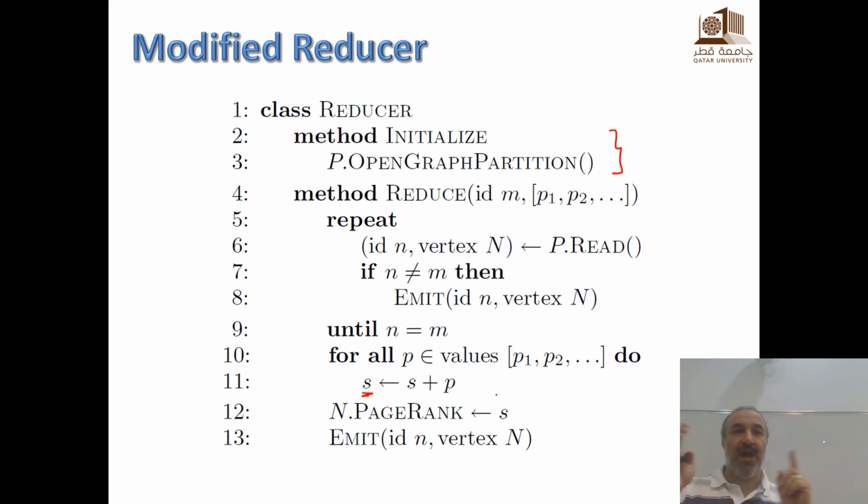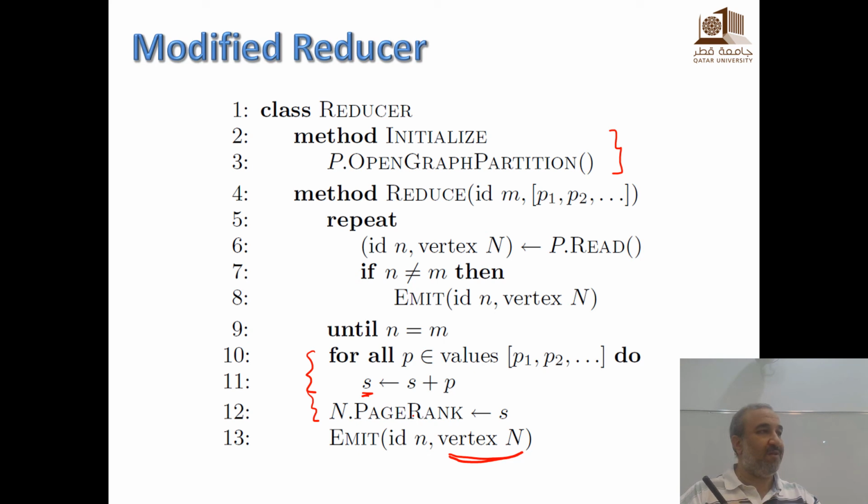Remember that we have two parts, right? We have the messages and we have the graph structure. So this is updating from the messages, and then we update the PageRank score, and then we emit both. We emit the node with the graph structure with the updated PageRank. So that's the merge. Do you see that?